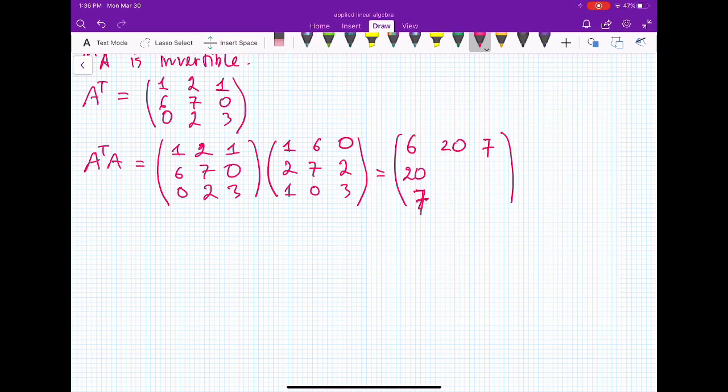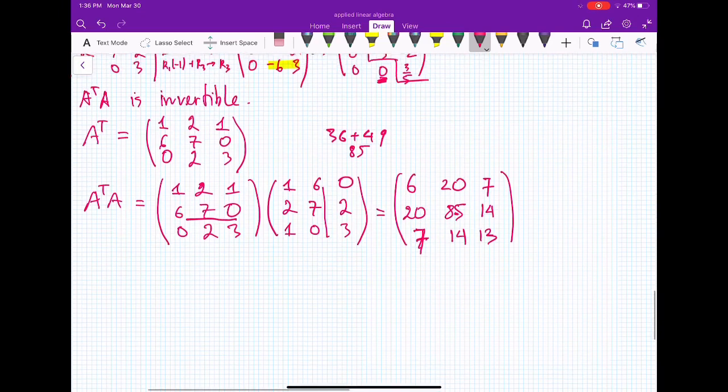So I'm good. The second entry right here is equal to this times this. So I have 36 plus 49, which is 85, right? I have 85 in here. And then the last one is 6, 0, 14. So I have 14 in here. The last entry right here is equal to 49 plus 4, which is 13. So that is ATA. Okay.